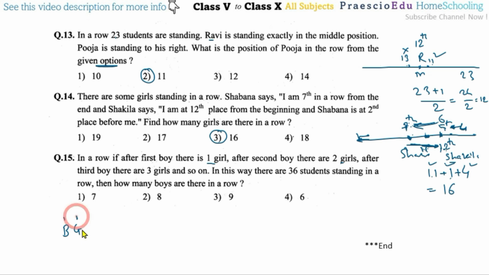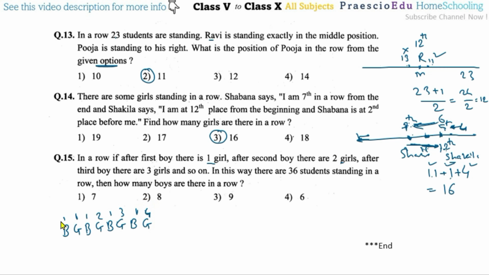Okay, 1 1. After this one, again the boy is there. Okay, so that is 1 boy, and then 2 girls are there. Okay, I will just mention the 2 girls. Then again the boy, 1 counting, and the 3 girls. Okay, as per this one, so G 3, again the 1 boy. Okay, and the 4 girls are there, so I will mention the 4.